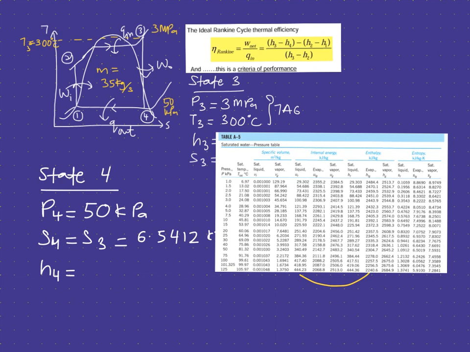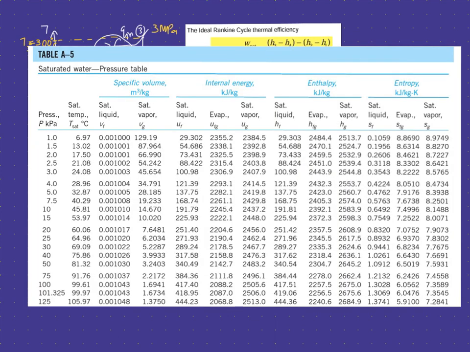In doing the checking, what you want to see is the value of your entropy. The value of your entropy will determine whether state 4 is in the superheated region or has already changed into a mixture. So from this property table, let's focus on your entropy value. You place your ruler at 50 kilopascal and the entropy.